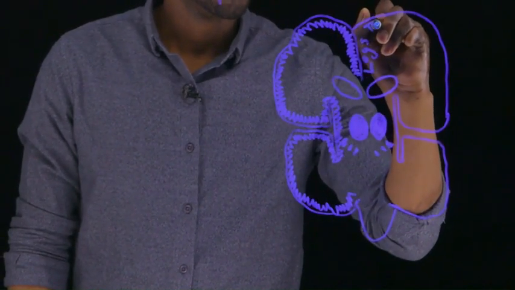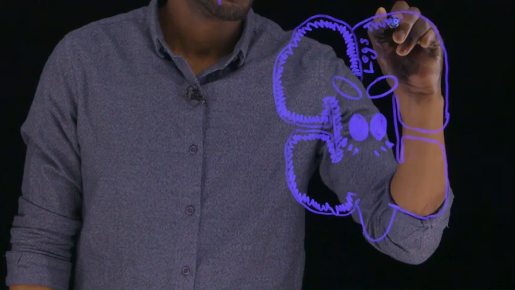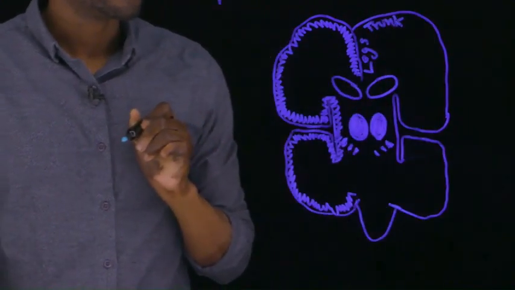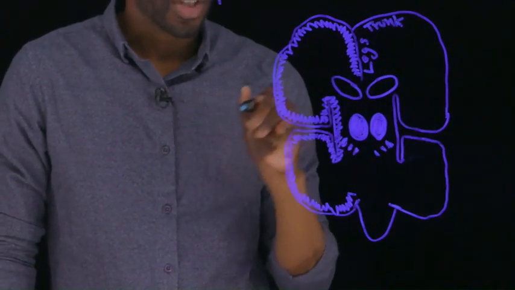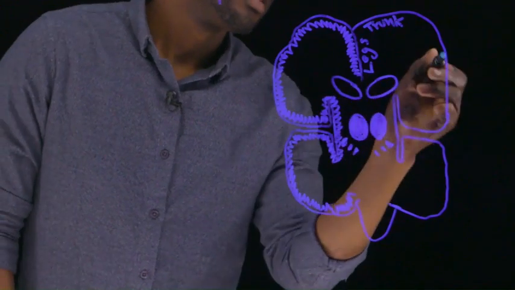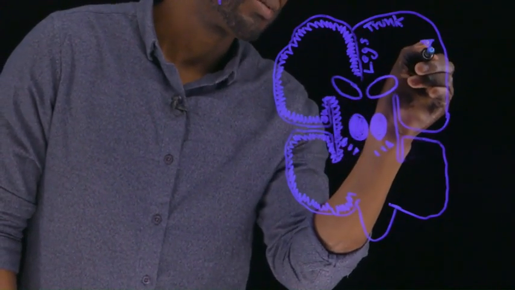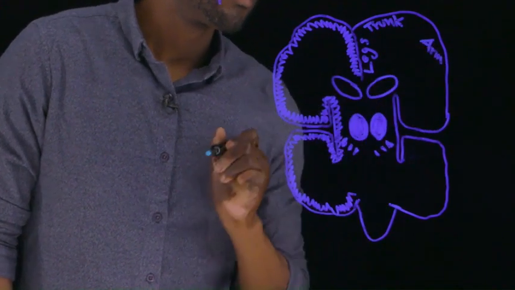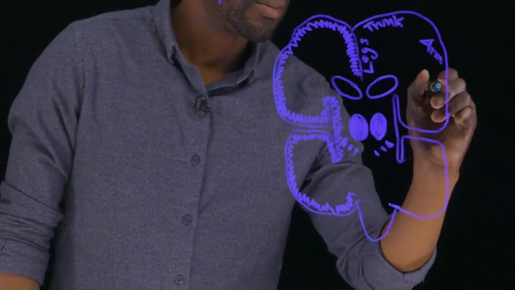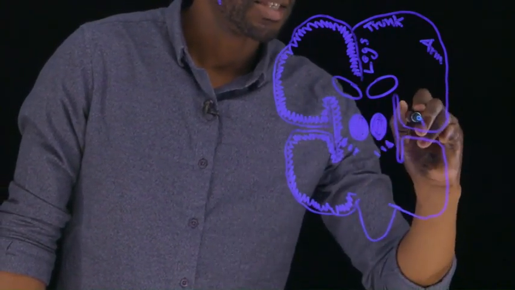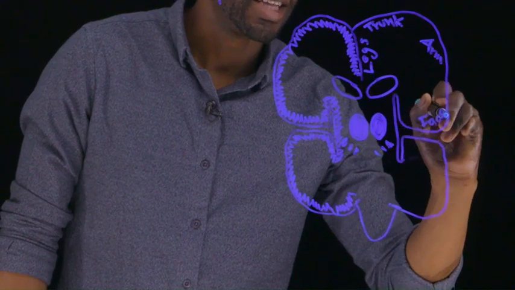Along this more superior region is where you would find neurons that are selective for stimuli associated with the trunk. Along this lateral region is where you would find neurons selective for stimuli originating in the arms. And here is where you would find neurons selective for stimuli originating in the face.